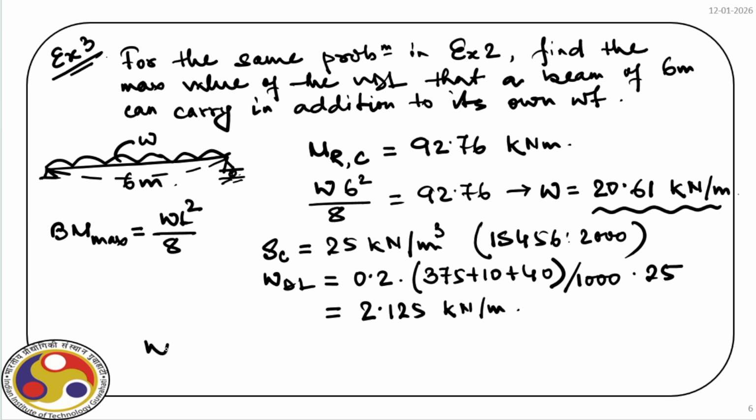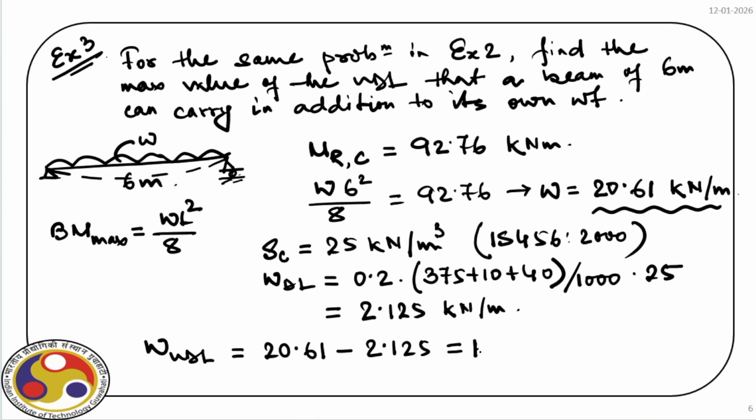So now we can find out omega UDL is equal to the total. We have 20.61, that is the total value of UDL we can apply depending upon the sectional capacity that we have already derived, minus 2.125 is basically the effective UDL.